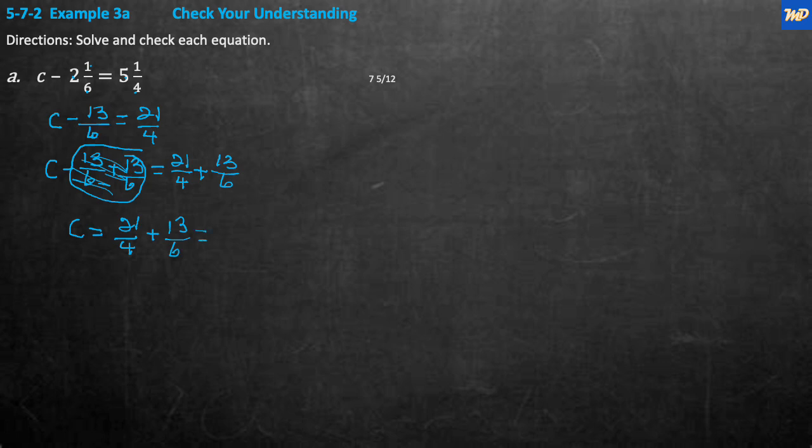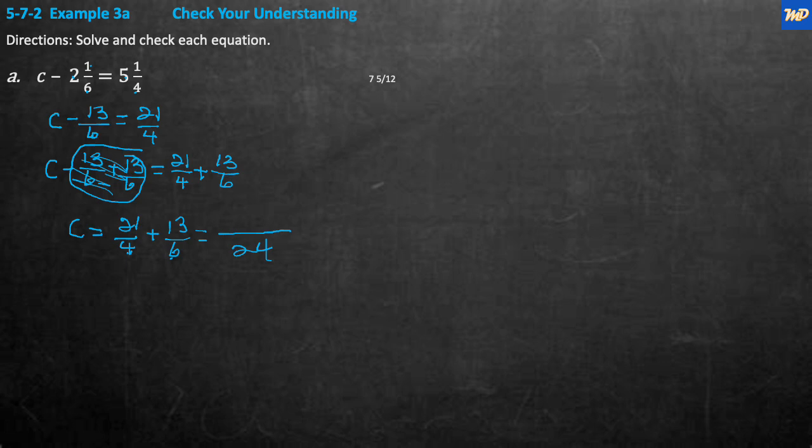So at this point now, what do we have to do? We have to get common denominators so that we can add or subtract the numerators, so we can add and subtract the fractions themselves. So to do that, I'm going to draw a line here. And on the bottom, I'm going to put 6 times 4 is 24. So that's our new denominator.